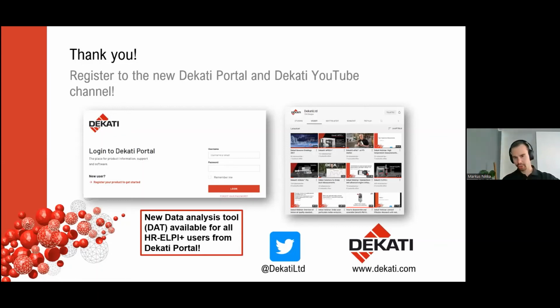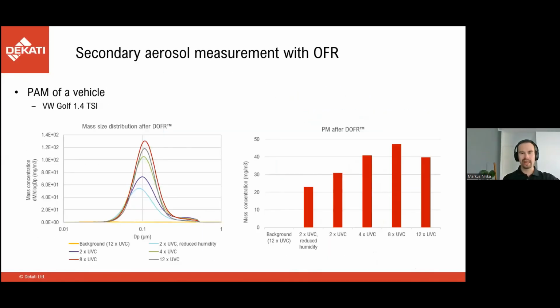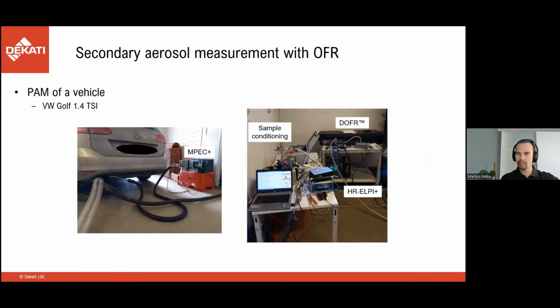There's a question in the chat box. How do you take the UV sensor data? So I suppose you mean how you can log or monitor it. At this point, when the sample conditioning unit is not yet available, there is a gray box next to the reactor in this picture.